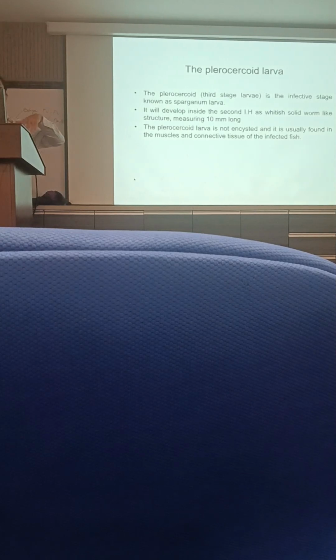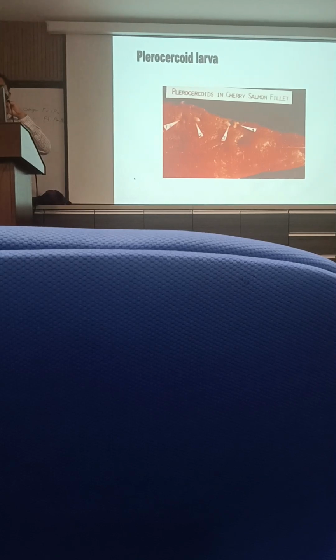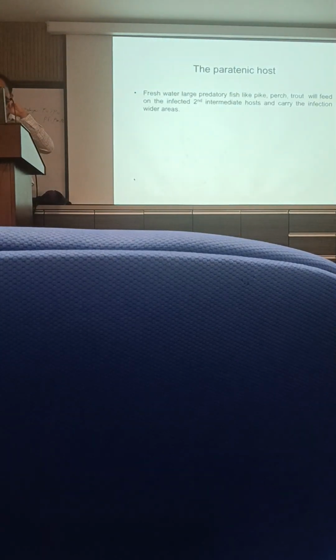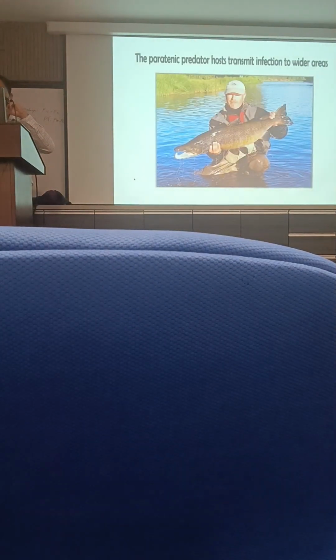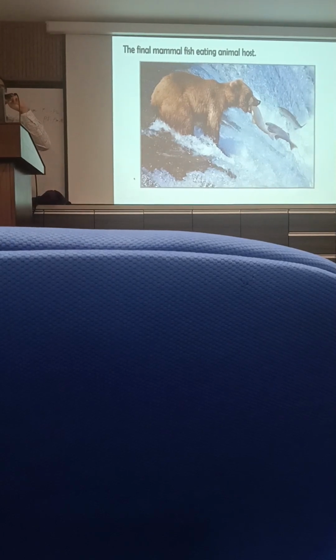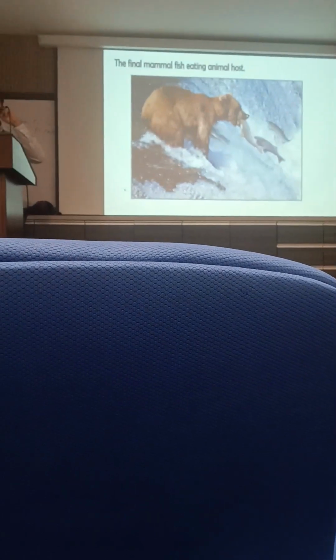So this is the fish that is usually eaten by humans, right? So you get infected if you eat raw or undercooked fish, right? Containing the plerocercoid larvae, right? So it is a zoonosis because it also completes its life cycle in the bear, for example, right?